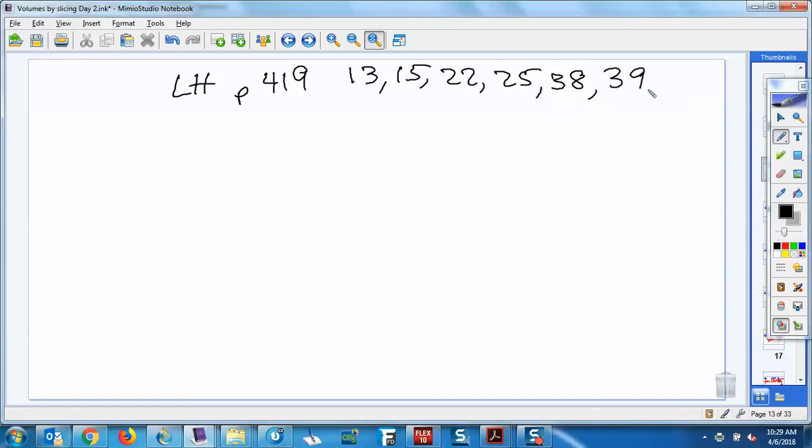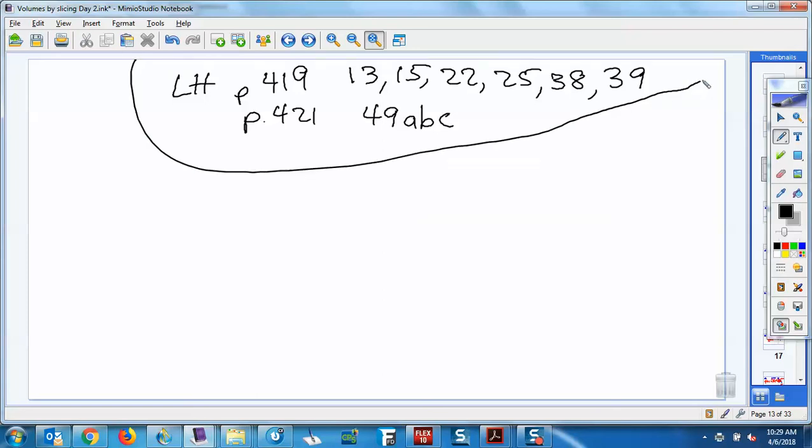Then we're going to do one from page 421. Actually, some of those others move over onto page 420, so it's the same assignment. Let's go ahead and do 49 ABC, which has some of those circle and equilateral triangle slices as well. Let's do those for Monday.